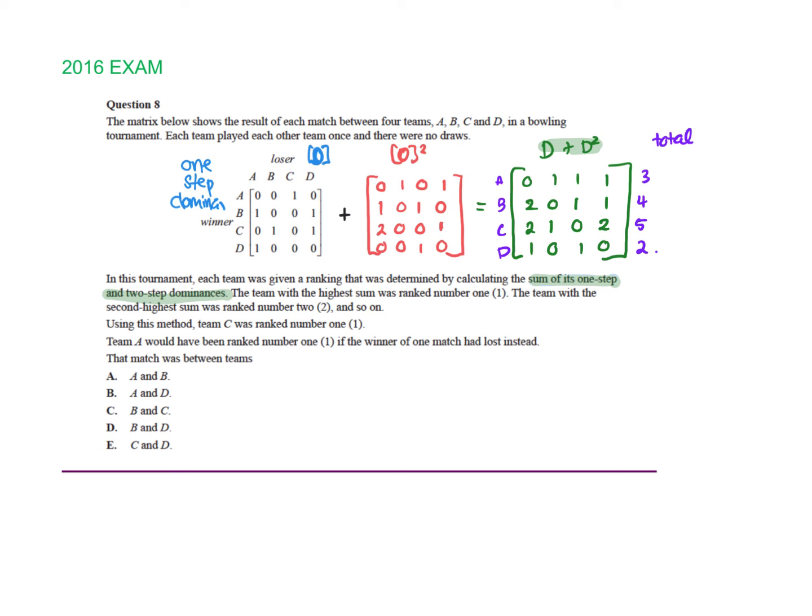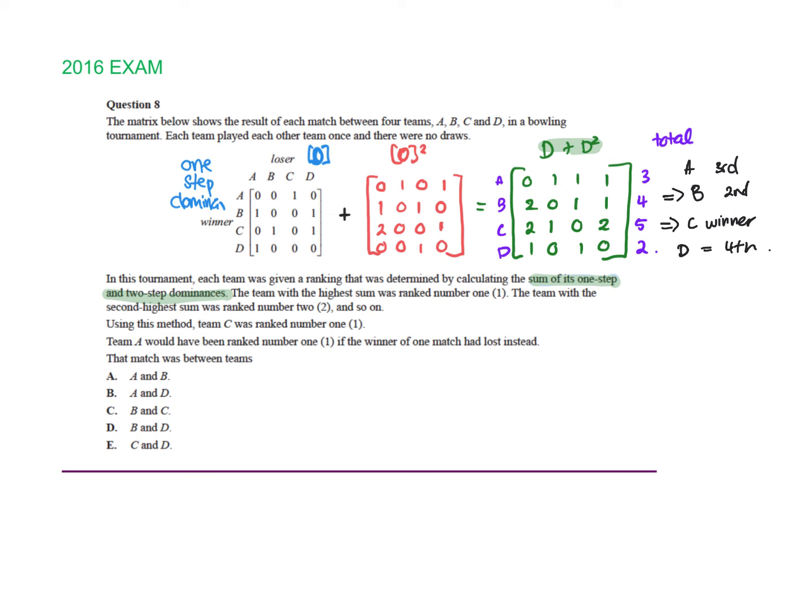I've squared that first matrix and got D squared and got the 2-step, and then I've added them together. So I got team C would be the winner to begin with. And then team B was second, and team A was third, and team D was fourth, okay. So it says using this method, team C was ranked number 1, and that's what I got.